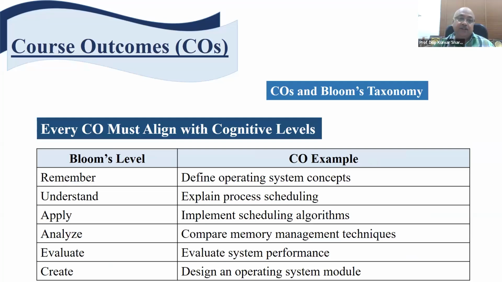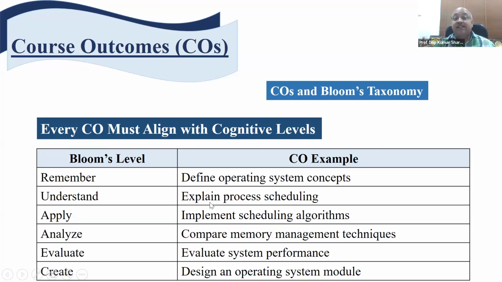You can see Bloom's levels are remember, understand, apply, analyze, evaluate, create. The lowest level is remember. "Define operating system concept." If a question comes like "What is an operating system?" or "Define operating system," this is the least cognitive level, which supports rote learning.